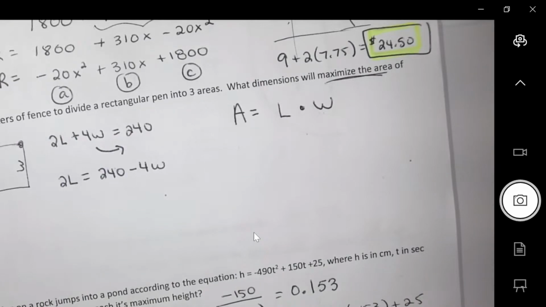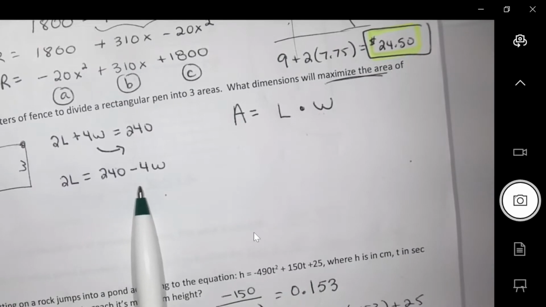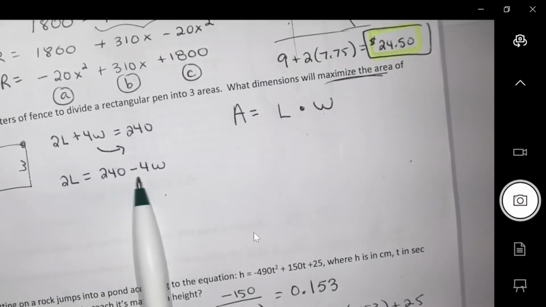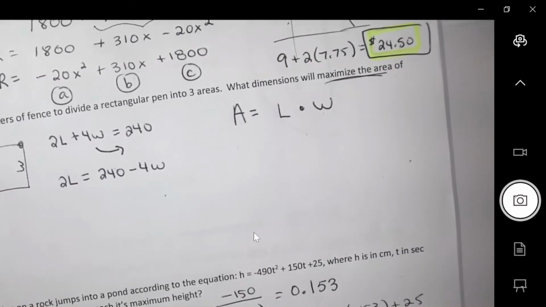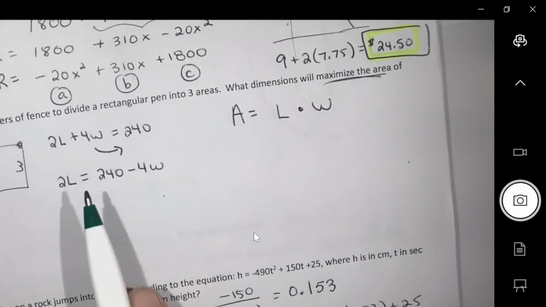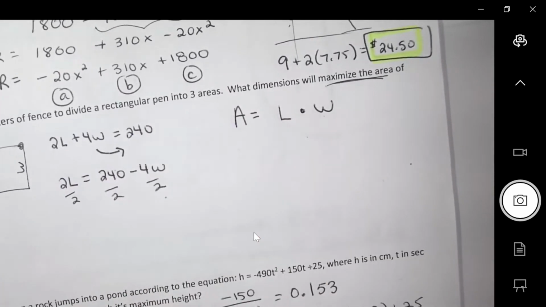Okay. I get this mistake sometimes. All of a sudden somebody's giving me 236W on that side. Does that work? No, because I can't smush those together, right? They're separate things. You can't ever put them together. Okay, I need something else before L is alone. Divide by 2, which means everything.